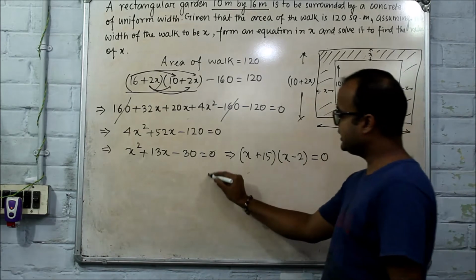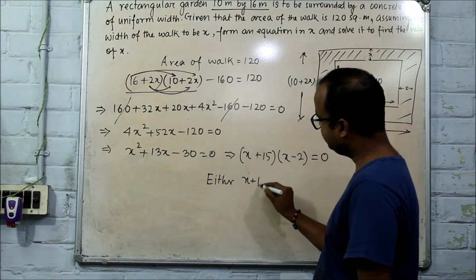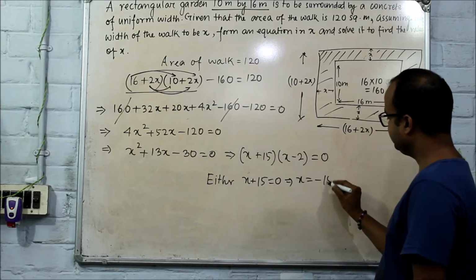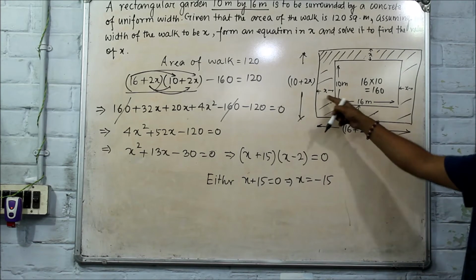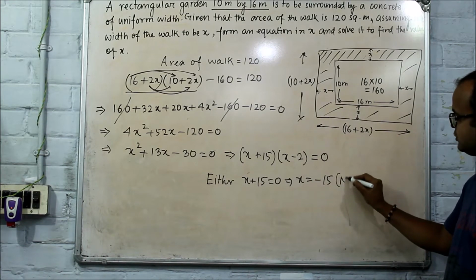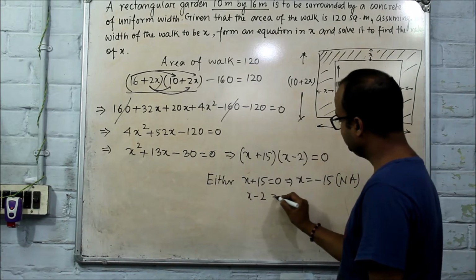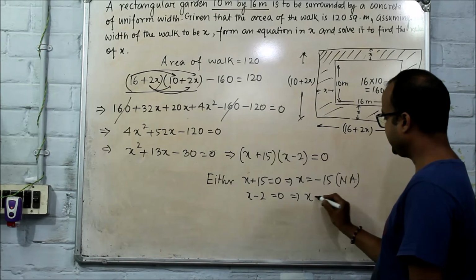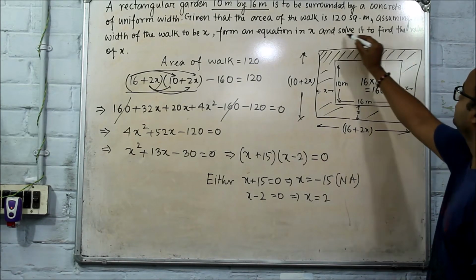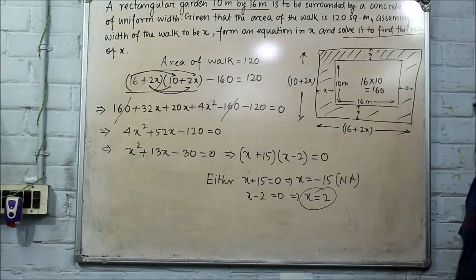So either x plus 15 is equal to 0, which implies x is equal to minus 15. X is the width. Width cannot be negative, so it is not applicable. And x minus 2 is equal to 0, which implies x is equal to 2. So x will be equal to 2.